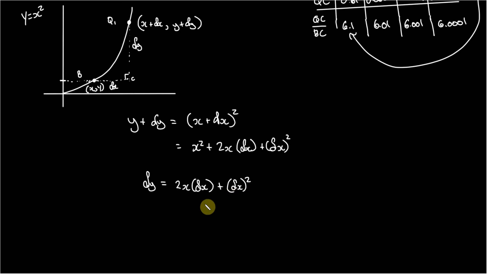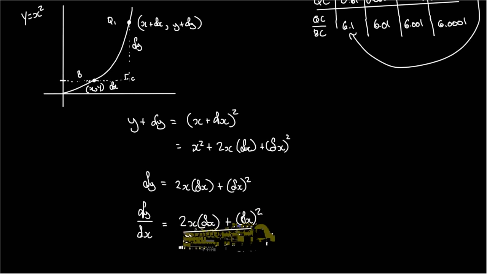And now we can continue forward, where the gradient of BQ is going to be delta y over delta x, right? Which is going to equal 2x delta x plus delta x squared, all of that over delta x.